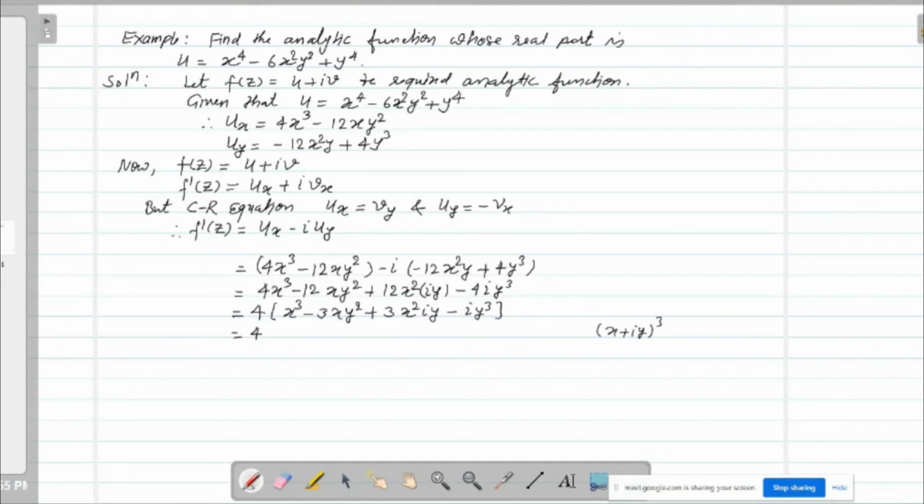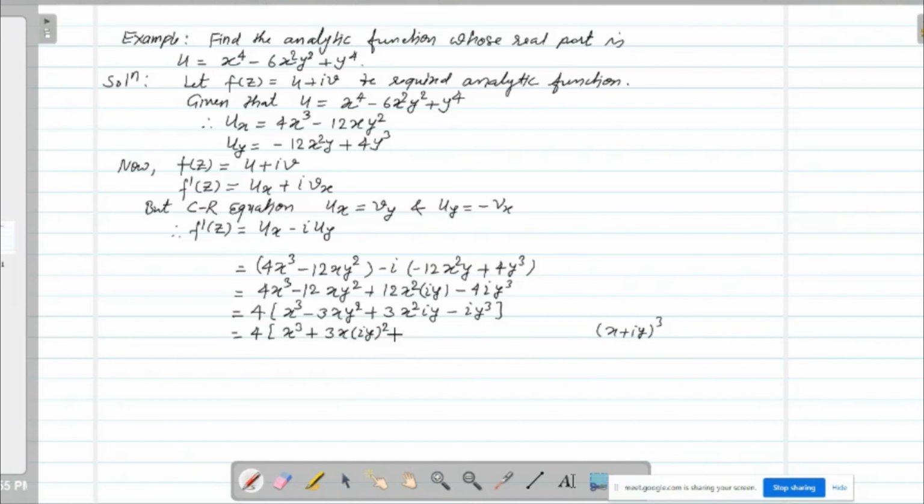We write 4 times x cube, and if I write i y square, is there any problem? This becomes i square, and i square is minus 1. So this is minus 3 times x y square.